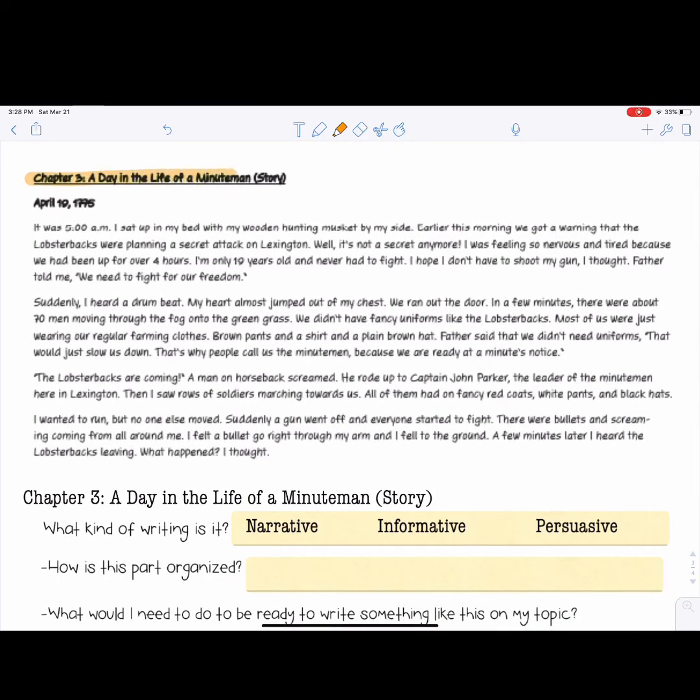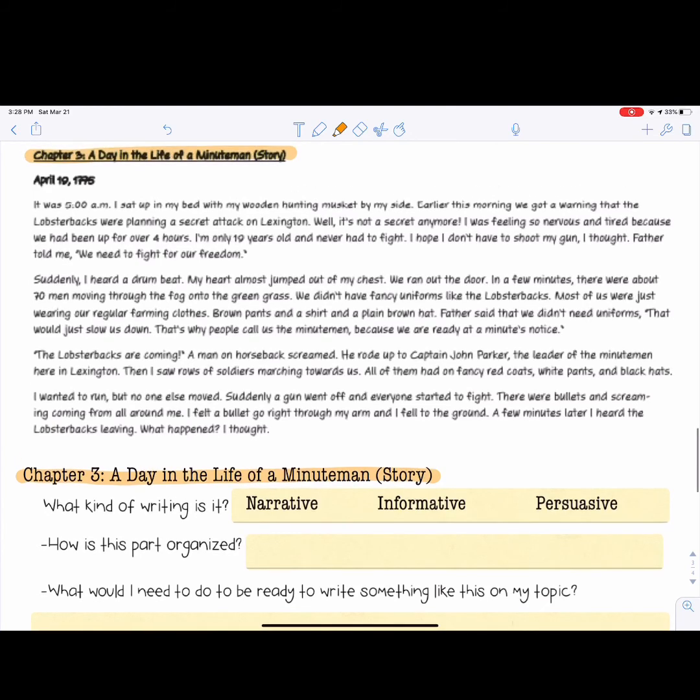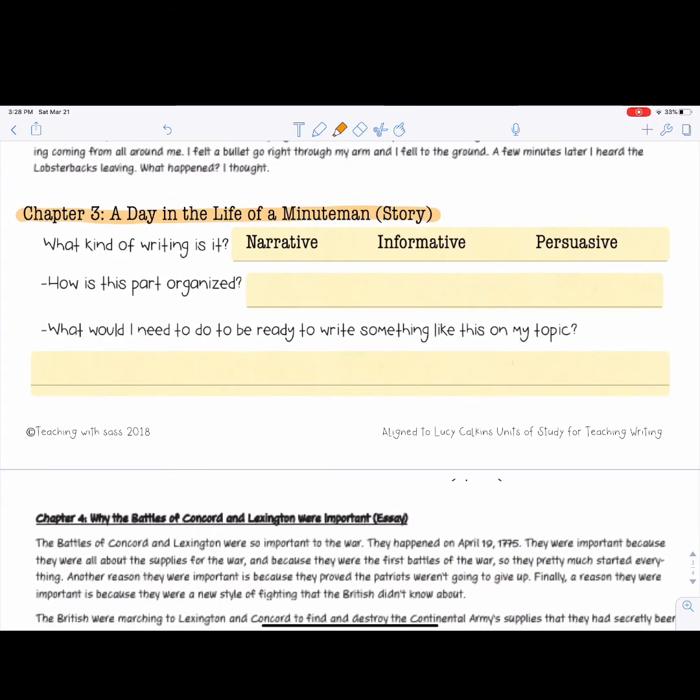Okay, moving on down to Chapter 3. Chapter 3, A Day in the Life of a Minuteman Story. Looking at our 3 questions that go along with this chapter of our mentor text. What kind of writing is it? How is it organized? What would you need to be ready to write something like this in your writing, in your project?